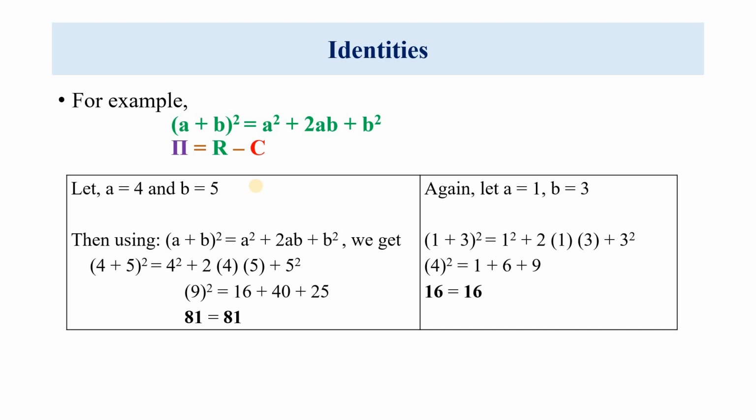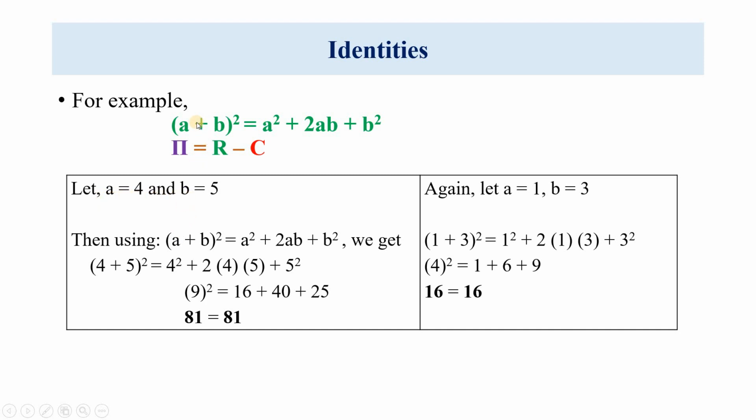Let's examine the definition of identities. Using our first example, a plus b whole square equal to a square plus 2ab plus b square, the two sides will be equal irrespective of the value we use for a and b. For example, let a equal to 4 and b equal to 5.